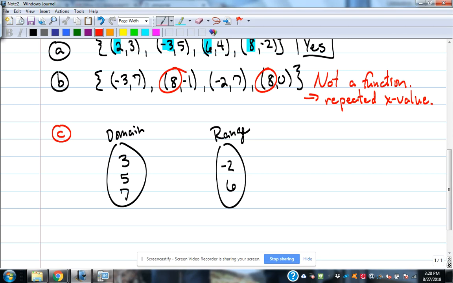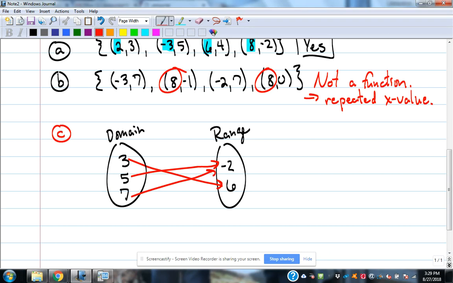And then they draw arrows from one bubble to the next to kind of mimic ordered pairs. So you might have 3 going to 6, 5 going to -2, and then they might have 7 going to -2 as well. So that's a mapping. And it's just another way of writing ordered pairs.